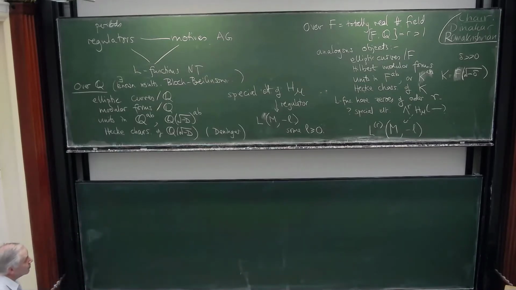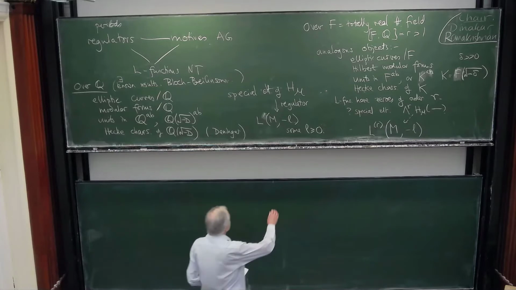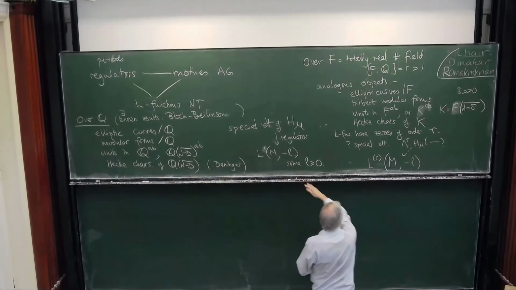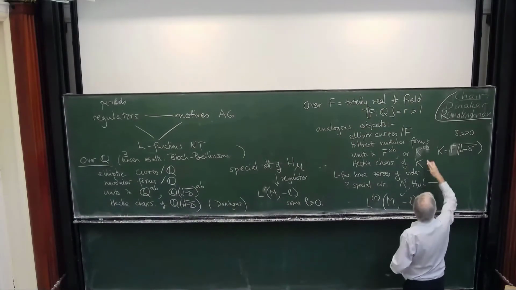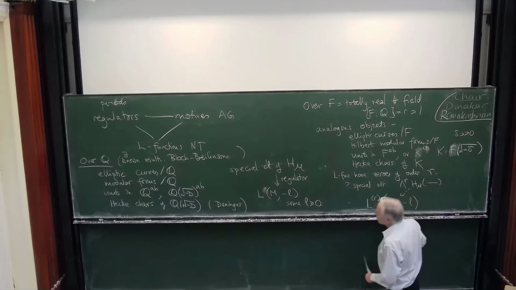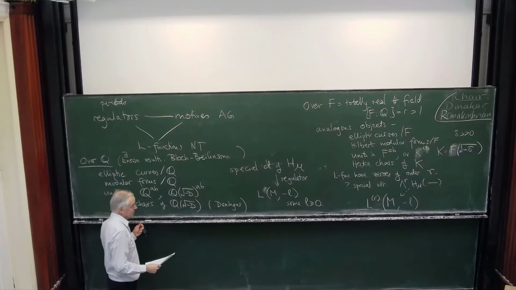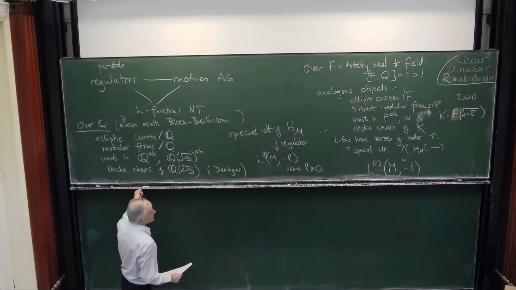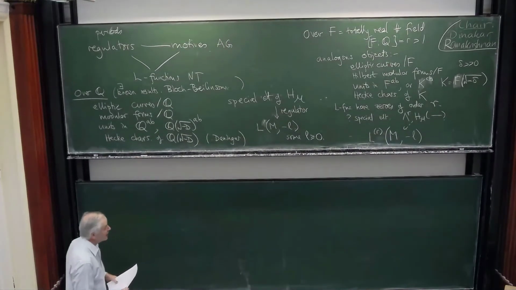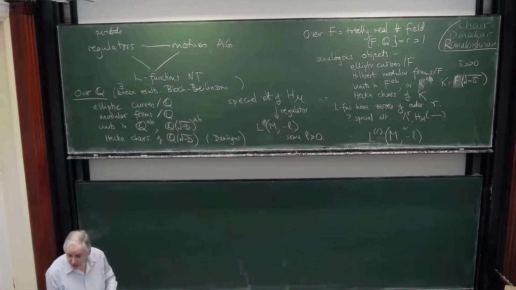And Hilbert modular forms over the field F, which is the same as the field of definition of the elliptic curves, or it could be any other. No, we'll say over F. So that's the sort of strict analogy of this. Parallel weight 2.